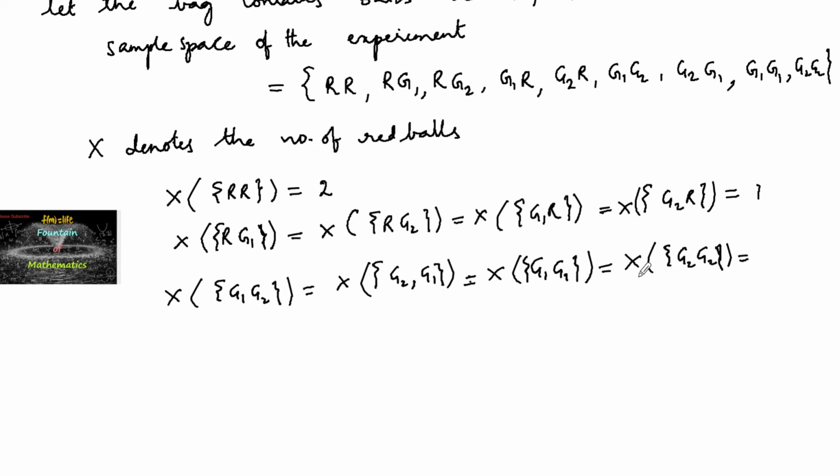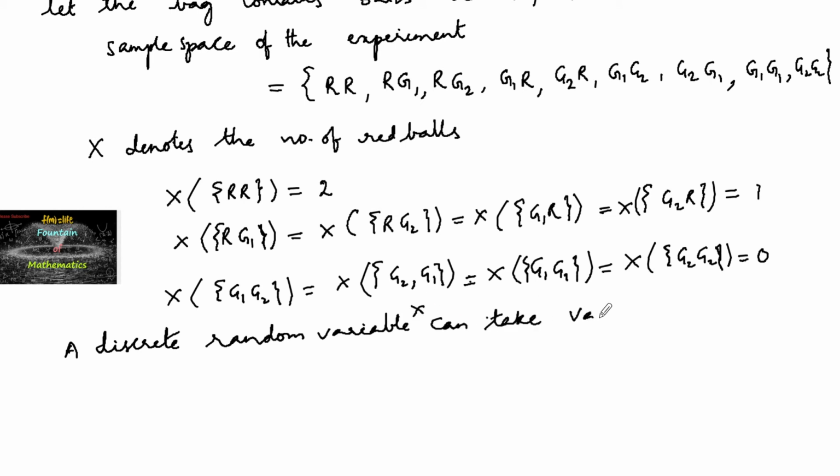So the number of red balls in all these events is 0. So finally the random variable X can take the values 2, 1 and 0. So X is a discrete random variable, discrete meaning different values, and X can take the values 0, 1 and 2.